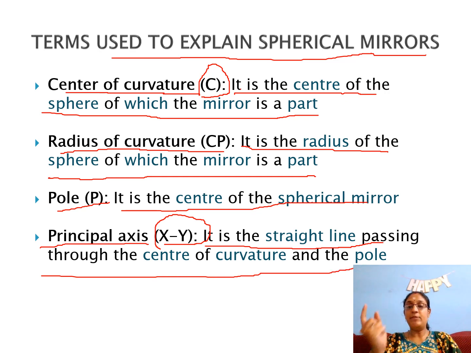You should remember all these parameters because in the upcoming slides we are going to learn the ray diagram. When light falls on a particular convex or concave surface, what will be the impression of the image?